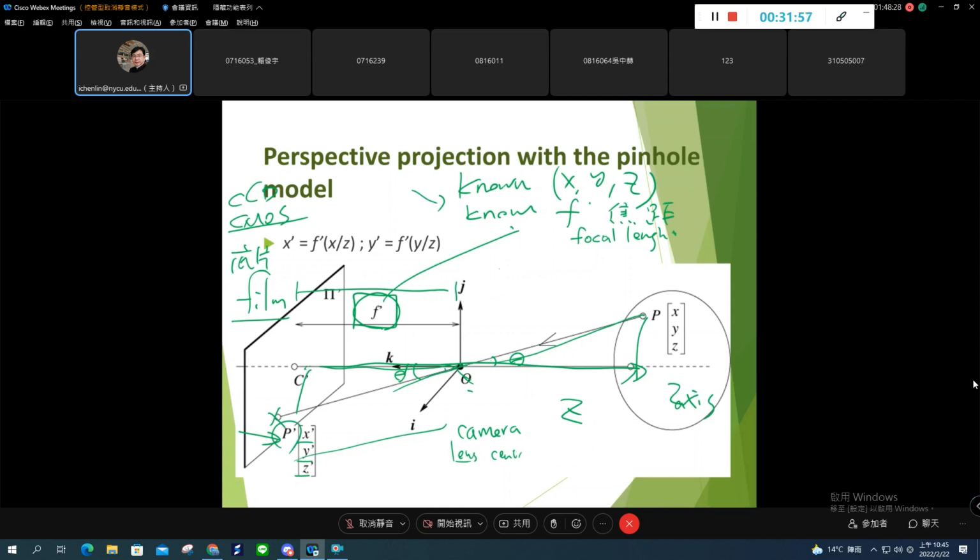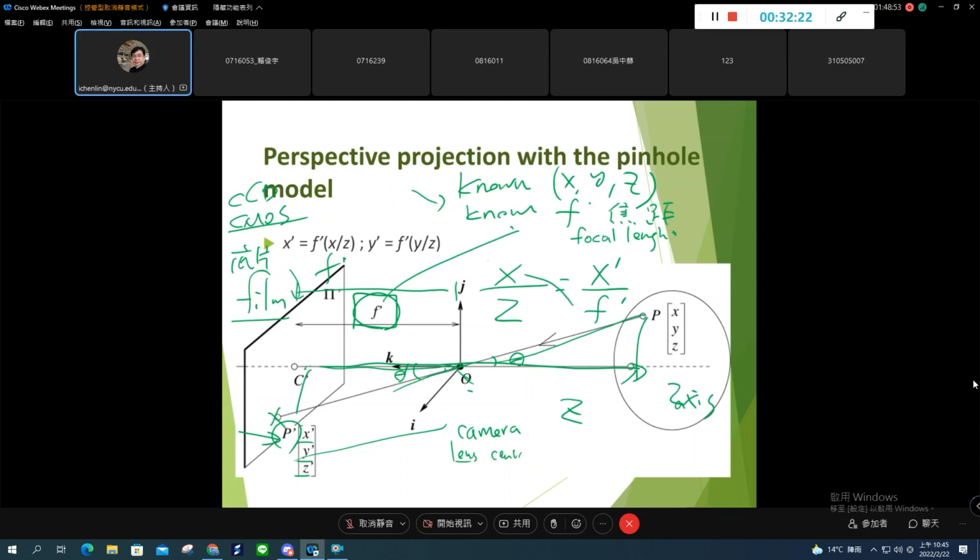For instance, if we have x versus z here, they are supposed to have a similar ratio as x prime and z prime. However, z prime, the film here, is the f prime here, so we can do a substitution. We can put f prime here, right?